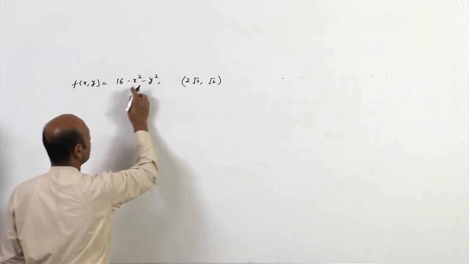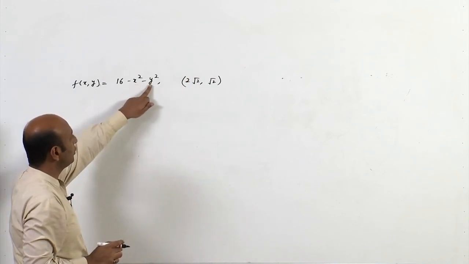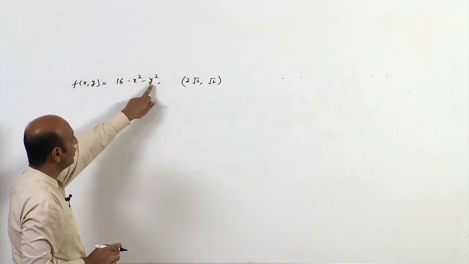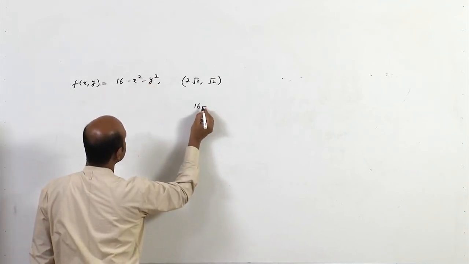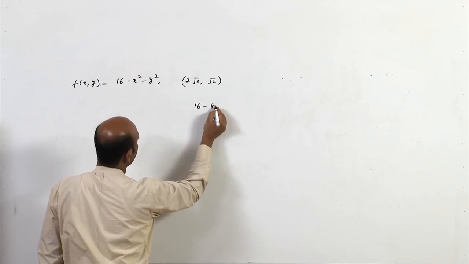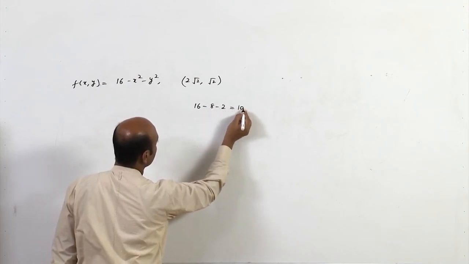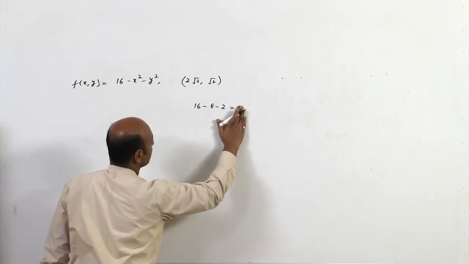Now when you substitute under root 2 and under root 2 here, we obtain 16 minus 8 minus 2, which is 6.